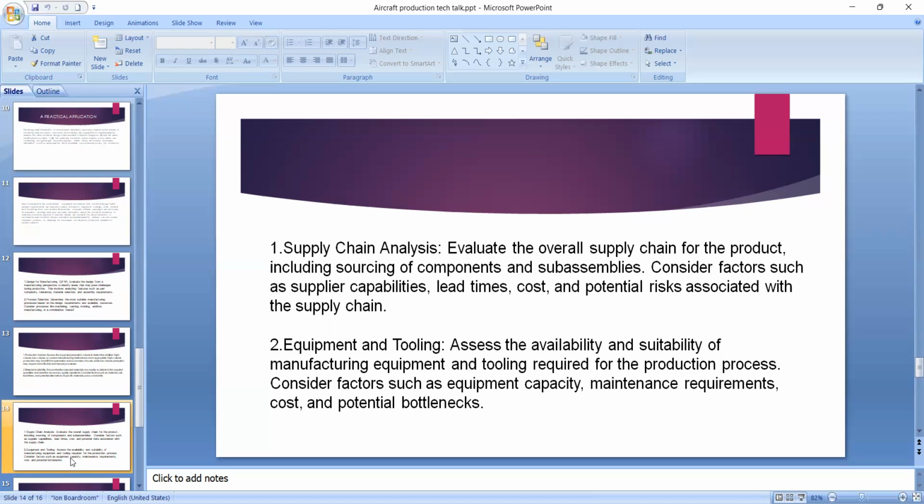Equipment and tooling: assess the availability and suitability of manufacturing equipment and tooling required for the production process. Consider factors such as equipment capacity, maintenance requirements, and potential bottlenecks.